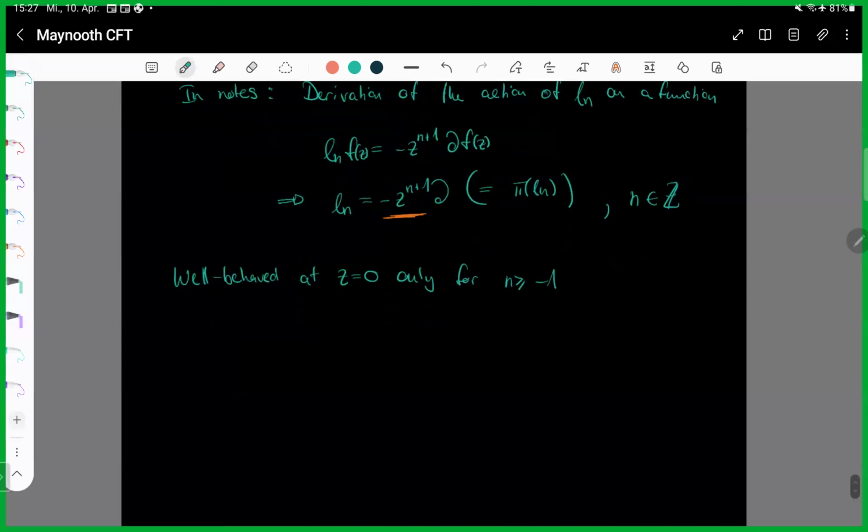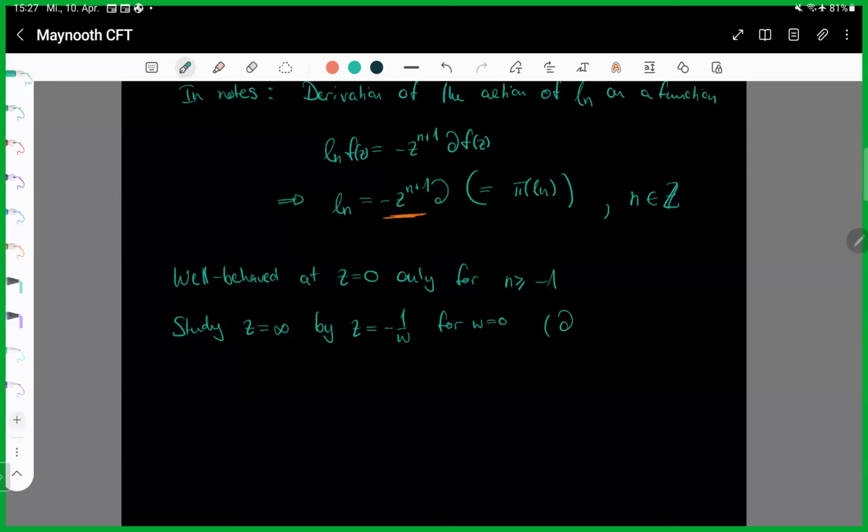The other problematic point is infinity. So we want to study z equals infinity, and what we're going to do is take z equals -1 over w, and study that for w equals 0.